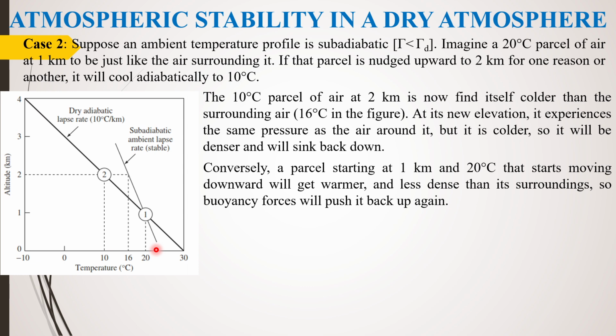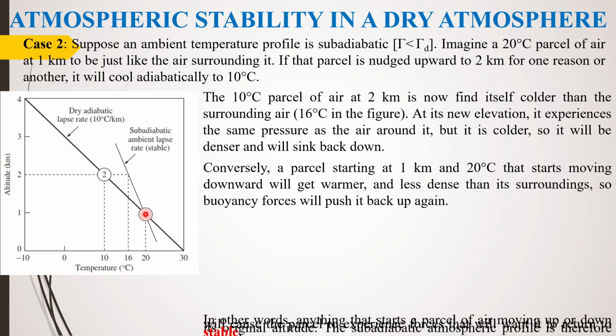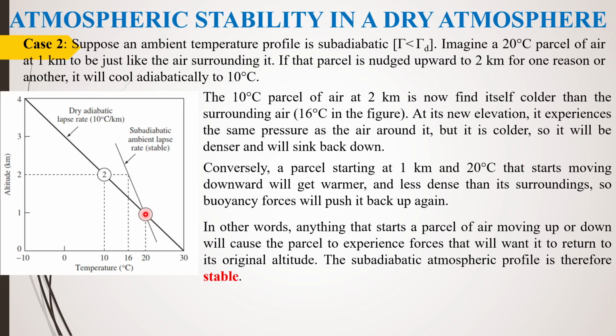So it gets warmer than the surroundings, so it becomes less dense than the surroundings, so the buoyancy force will push it back to the first position again. So in other words, anything that starts a parcel of air moving up or down will cause the parcel to experience forces that will want it to return to its original altitude. So the subadiabatic atmospheric profile is therefore stable.